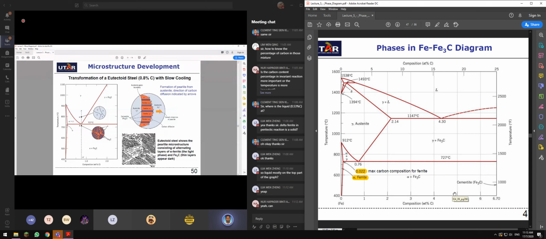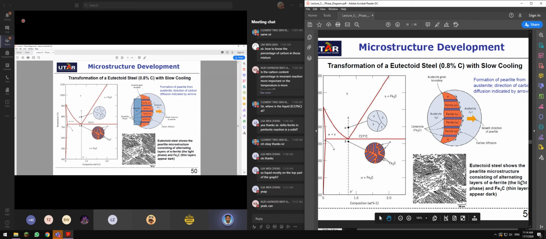As I cool this, it changes directly to ferrite and cementite. So the composition is nice and clean. Ferrite, and then you have austenite over here, and then this is alpha, which is ferrite, and then this is cementite, carbon.